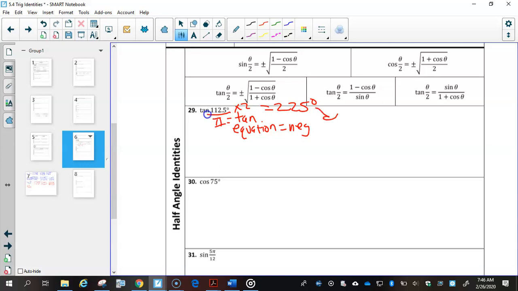So at 225, that's in your third, are cosine and sine positive or negative? Negative. And that's going to determine the value. So one determines whether your equation is positive or negative, and one determines if your value is positive or negative.